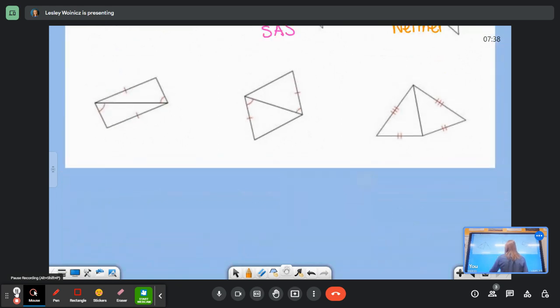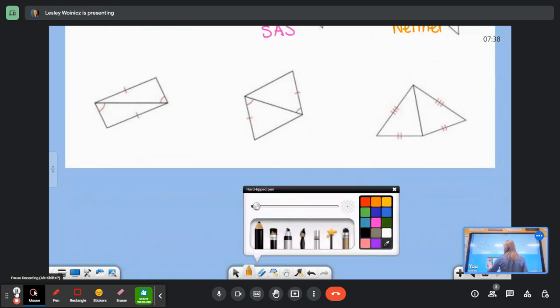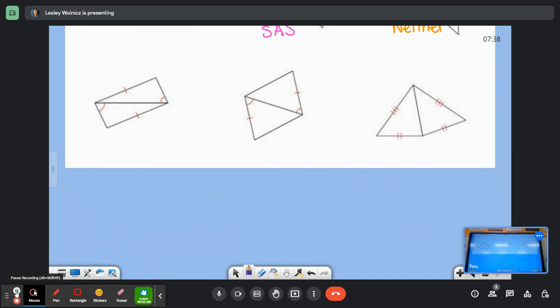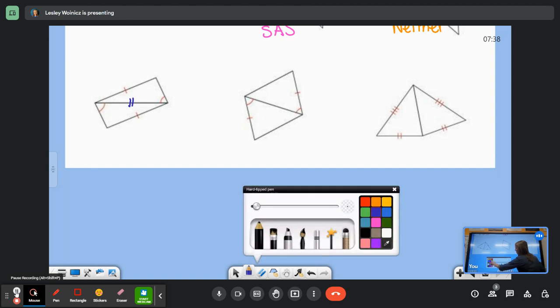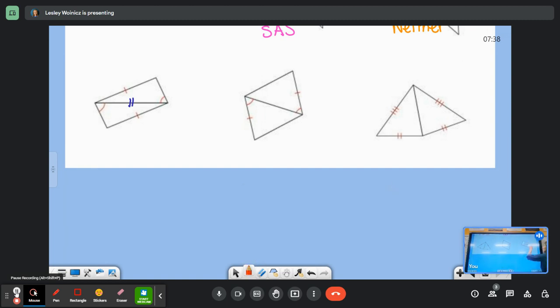Okay, next row. So I have a pair of congruent sides marked. Okay, and then I have another side that's congruent by the reflexive property. But look at this. My angle is not my included angle. I have another situation where I have angle, and then I have a side, and then another side.